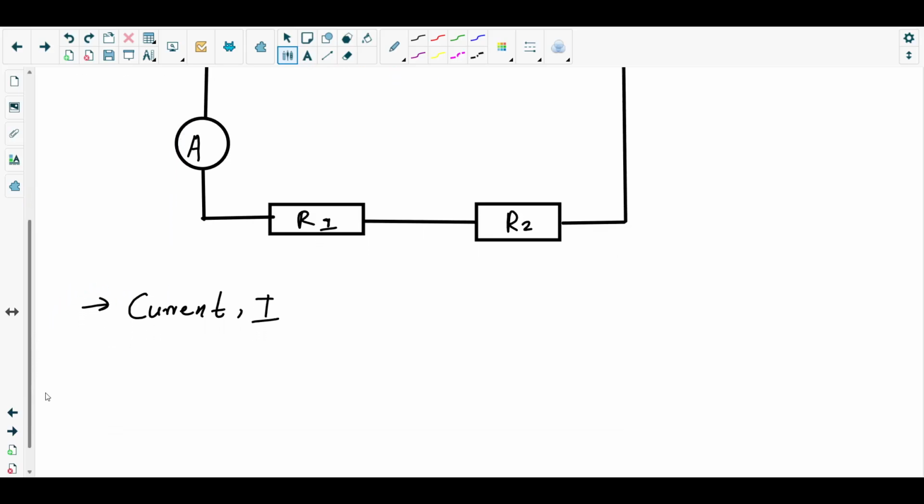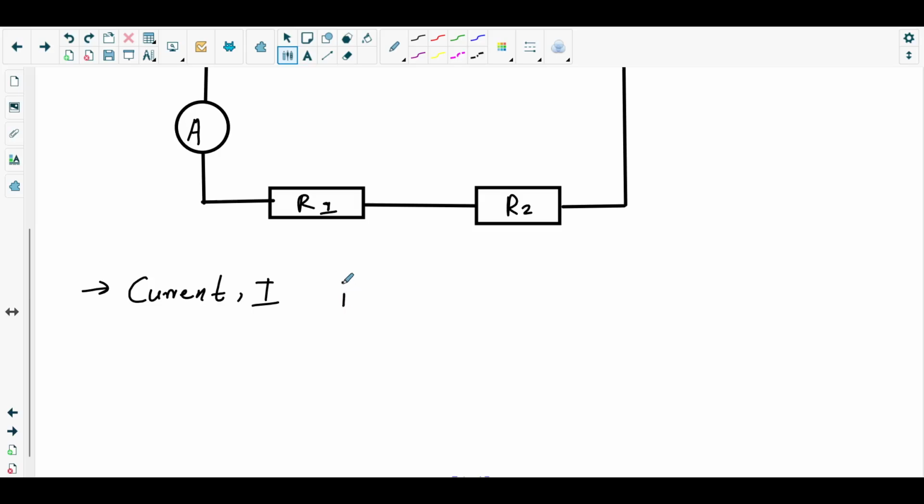So current in a series circuit is constant, so I is constant. That means the current flowing through R1 is the same as the current flowing through R2, right?